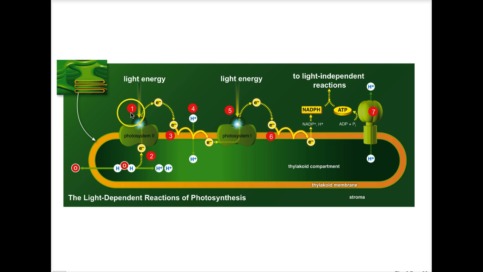If I start at step 1, step 1 is taking the energy from sunlight, so those are the photons, and the energy from sunlight is harnessed by pigmented molecules, such as our chlorophyll A's, our chlorophyll B's, our carotenoid molecules. And it's all harnessed and magnified.